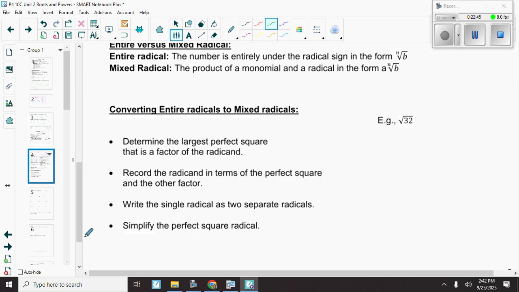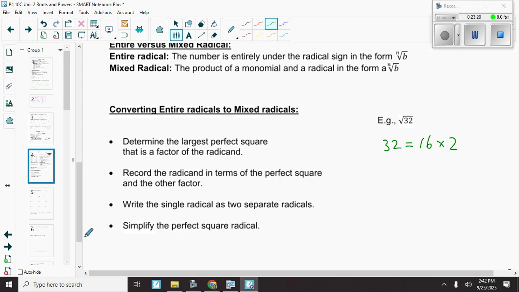We would remind ourselves that 32 is equal to 16 times 2. 32 has a whole bunch of factors. We could have done 8 times 4, but we want the largest perfect square inside the radicand, and the largest perfect square is 16.